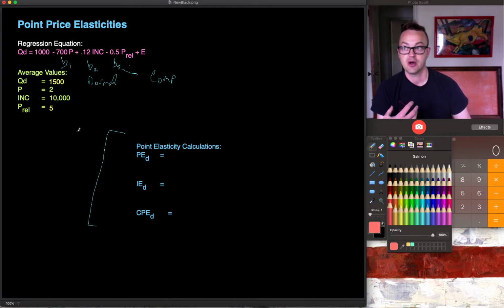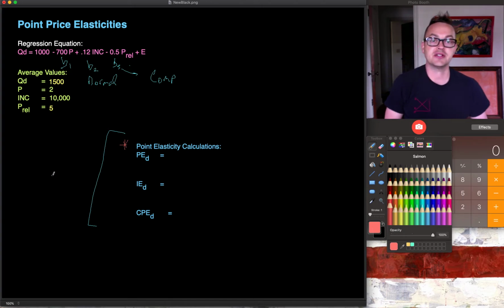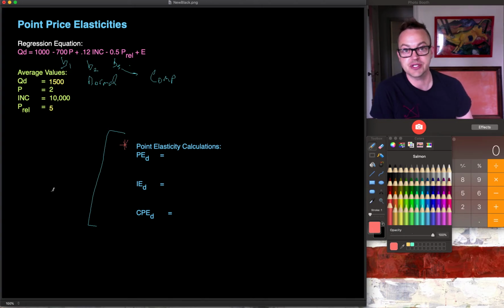Or perhaps income is going to go down due to a recession. Well, the income elasticity would help us determine the likely effects it will have on our business. And then finally, if the price of the related good is perhaps hit due to catastrophe, how will that affect our business? So that's why these elasticities are key.